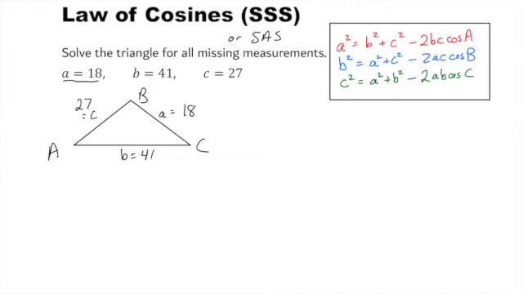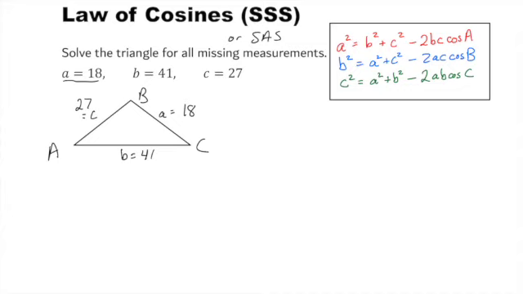If you just remember, as I said in a previous video, that if you're solving this with law of sines, then you want to find the smaller of the two remaining angles, you'll be all good.